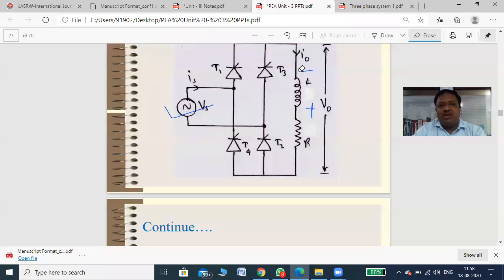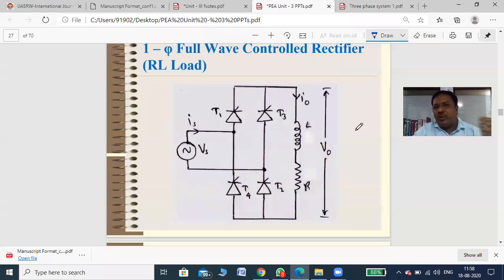This topic we have already covered. Just one part I left to tell you: the single phase full wave controlled rectifier or converter works in two modes. One is called rectifying mode, another is called inverting mode. These are the two operating modes. Actually, this converter is a rectifier, not an inverter.